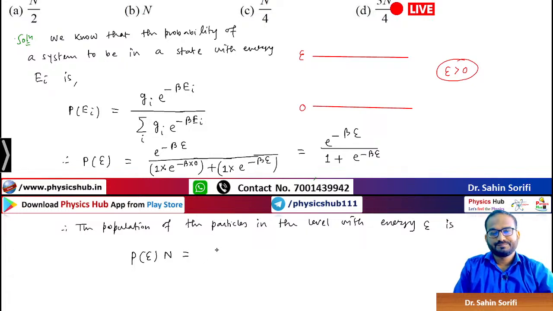So, this will be n times e to the power minus beta epsilon divided by 1 plus e to the power minus beta epsilon.